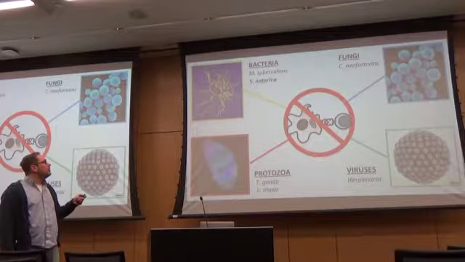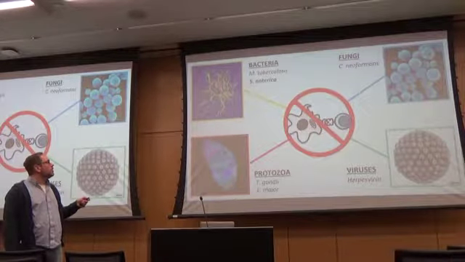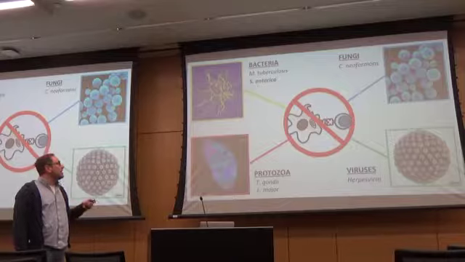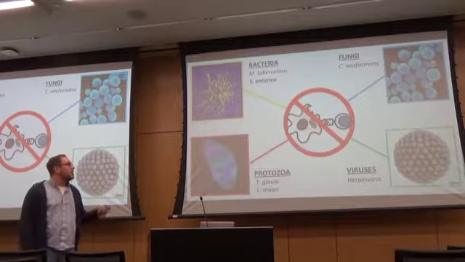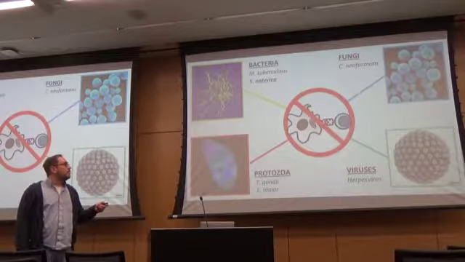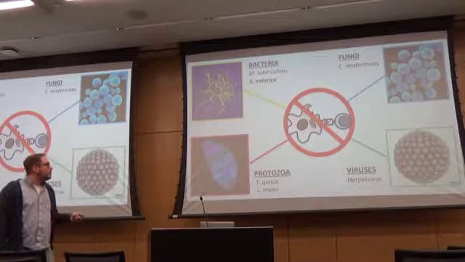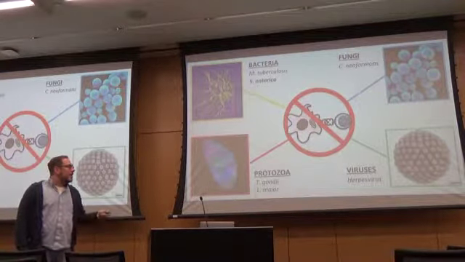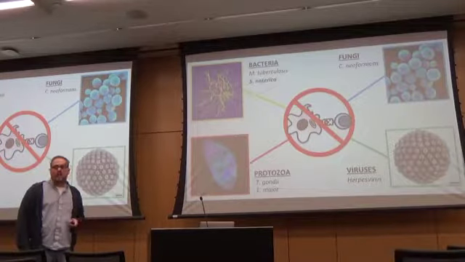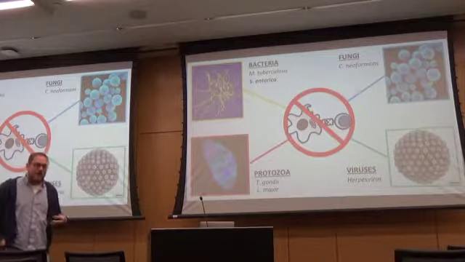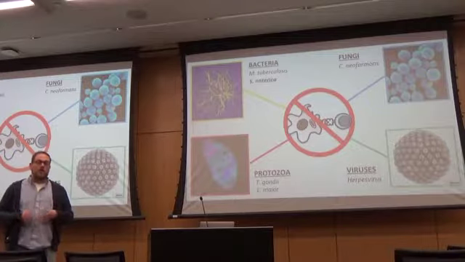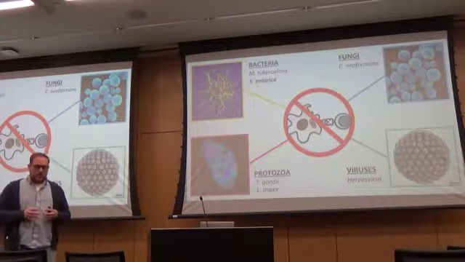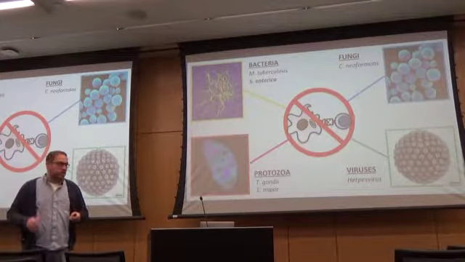infections. And these include bacteria like M. tuberculosis and Salmonella enterica, which I'll focus on for this talk, fungi like Cryptococcus neoformans, protozoan parasites like Toxoplasma and Leishmania, and large double-stranded DNA viruses that have evolved a mechanism to avoid control by the class 1 or traditional pathway.